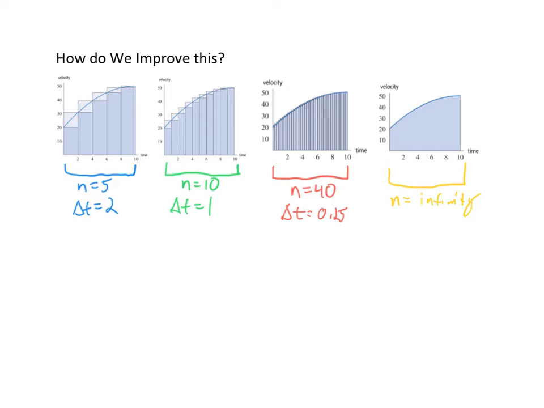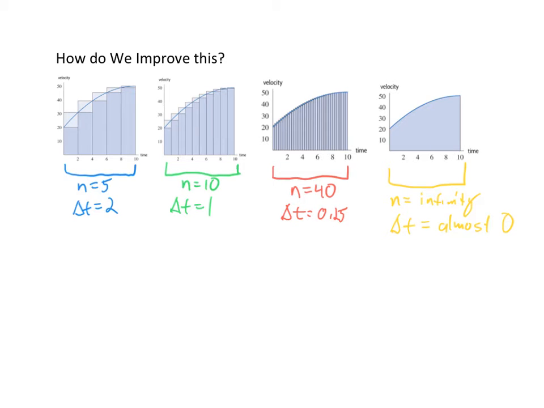We have created as many subdivisions as we possibly could. If we could make an infinite number of subdivisions, we would have the exact area under the curve. And delta t would be what we call infinitely small or almost 0. So if you could create an infinite number of subdivisions, the result would be the exact area underneath the curve.